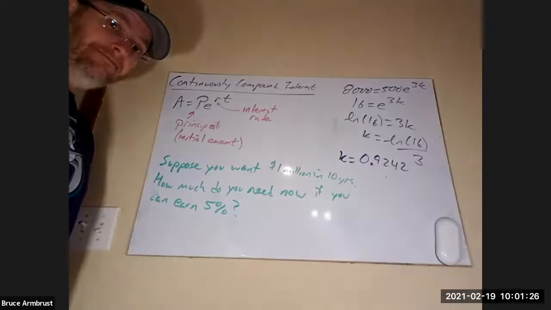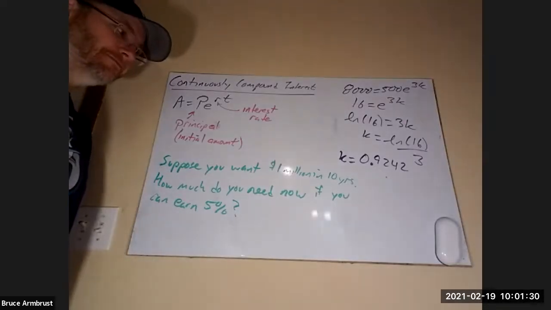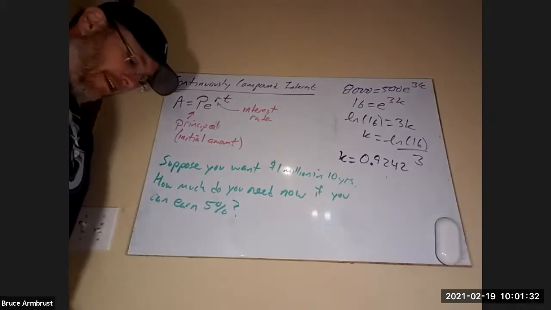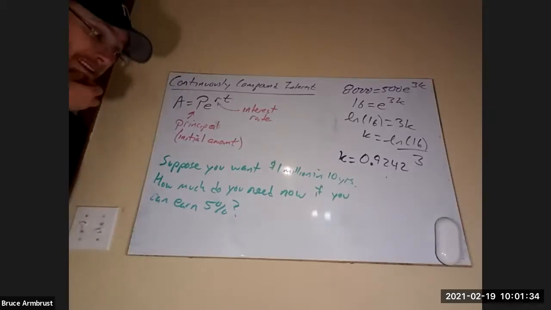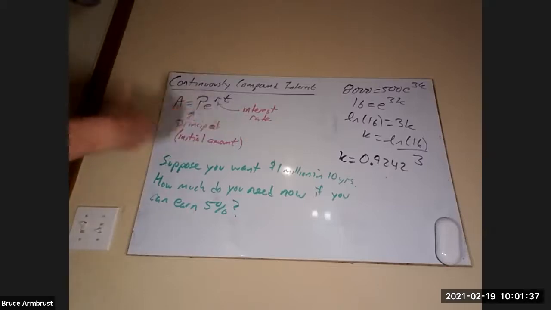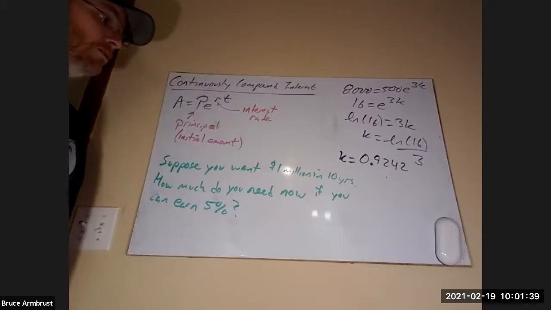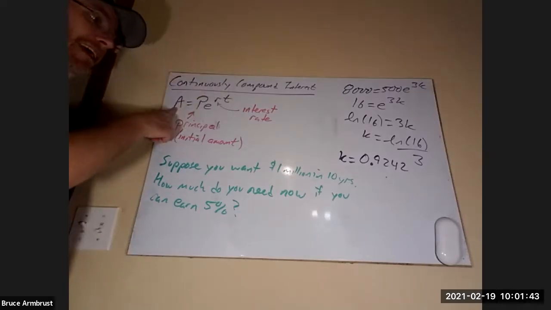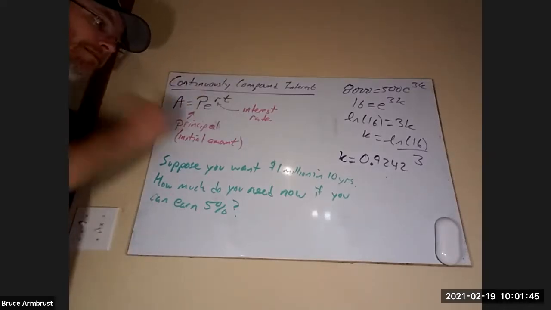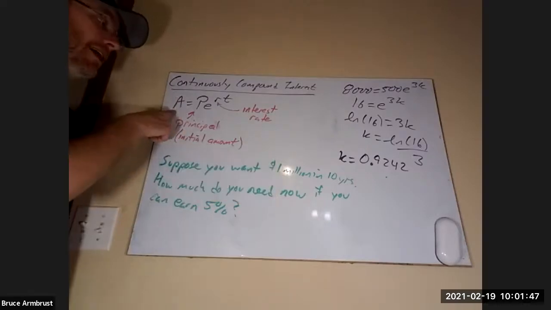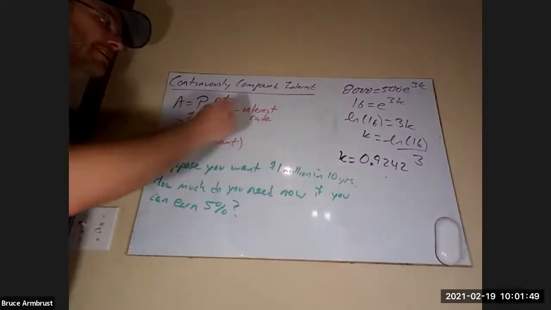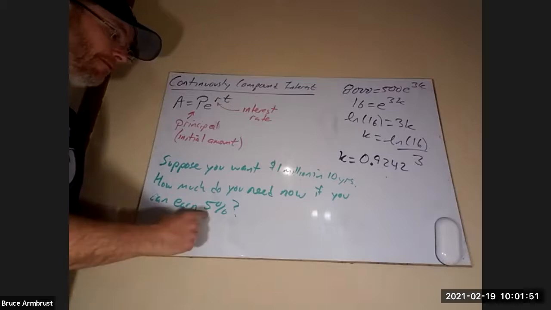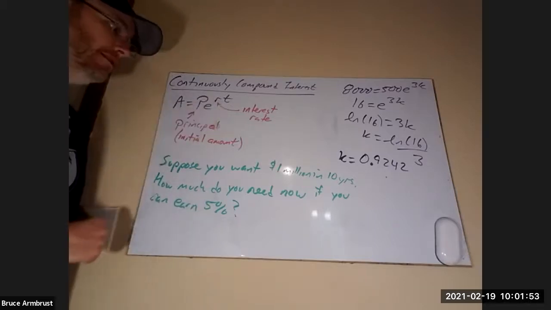All right, so let's think about this formula and think about all the different things we know and all that. So we want $1 million in 10 years. That's A. Right? That's our $1 million is our A. The 10 years is our T. The 5% is our growth rate.